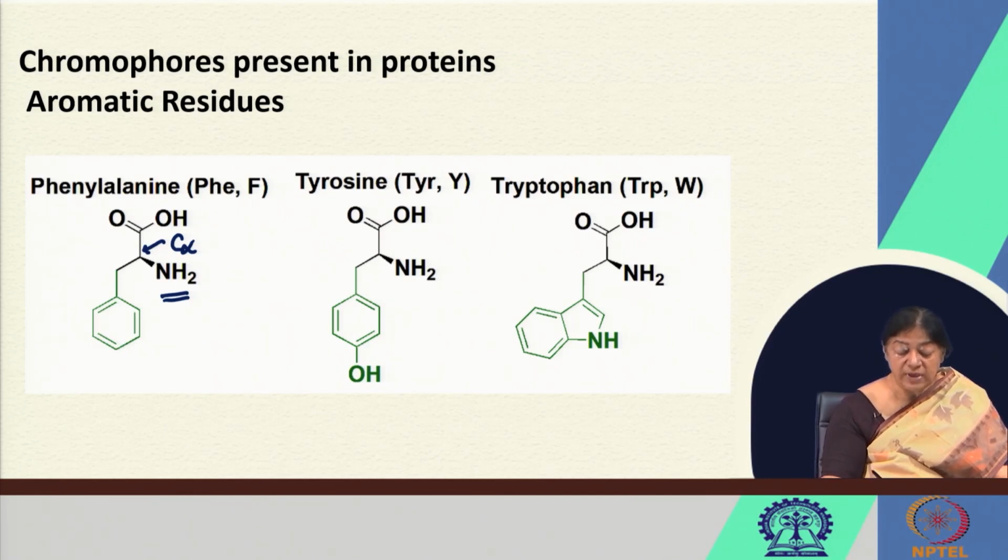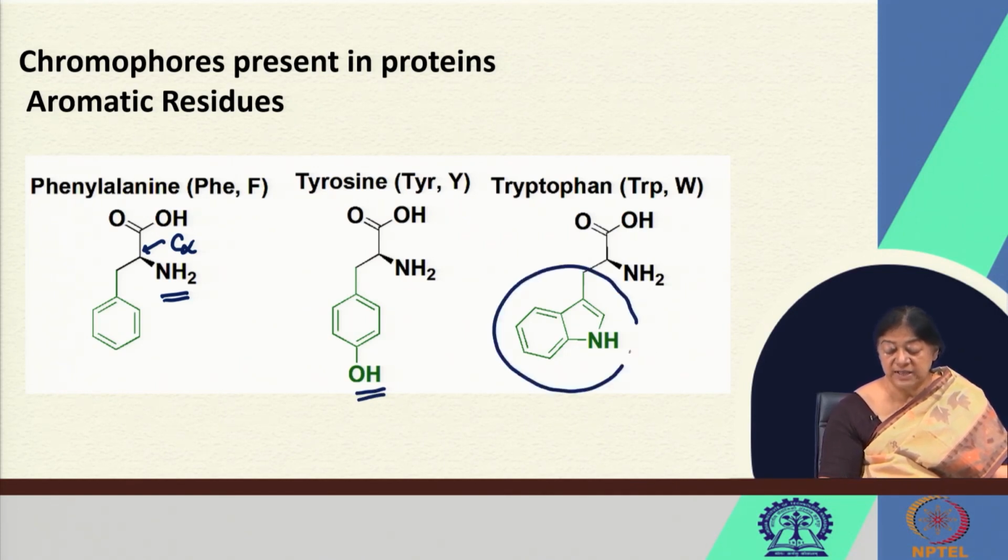Then here we have tyrosine, which has an OH group attached to it, and here we have tryptophan, which has an indole group. So these are the aromatic residues that are present in proteins.